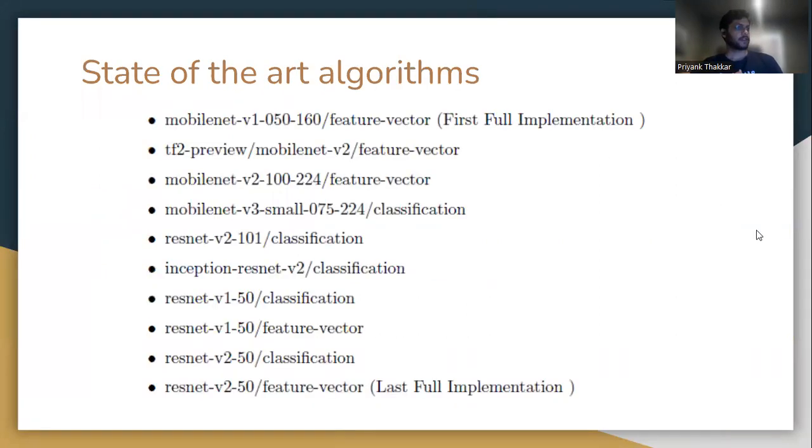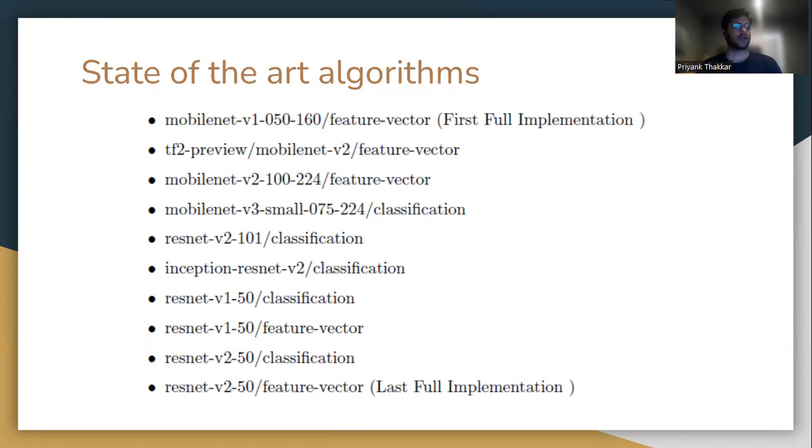As you can see, for the state-of-the-art algorithms, I performed all of those in TensorFlow. MobileNet version 1 with 50 layers and an input size of 160. I performed that algorithm first. And if we go down from top to bottom, I stop at ResNet version 2 50, which is the last one.